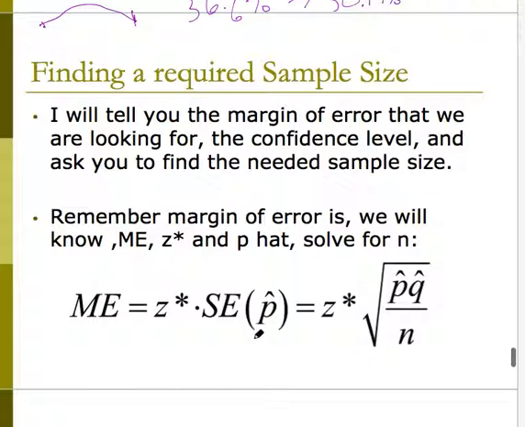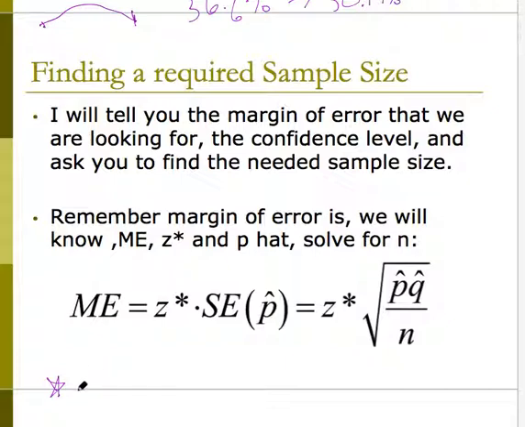Okay. So I will tell you the margin of error that we're looking for. So when you're asked to find a sample size, you're given the margin of error, you're given the confidence level, and you are given what p hat and q hat are, all divided by n. Now, sometimes we don't know what p hat and q hat are, so we want to use the greatest value that it could be. So here's a special note.